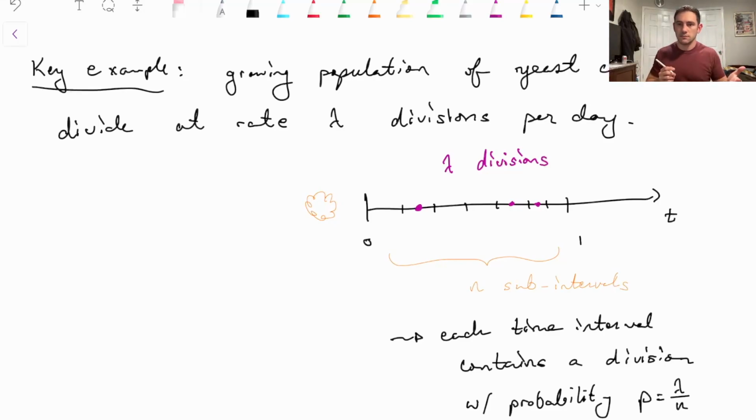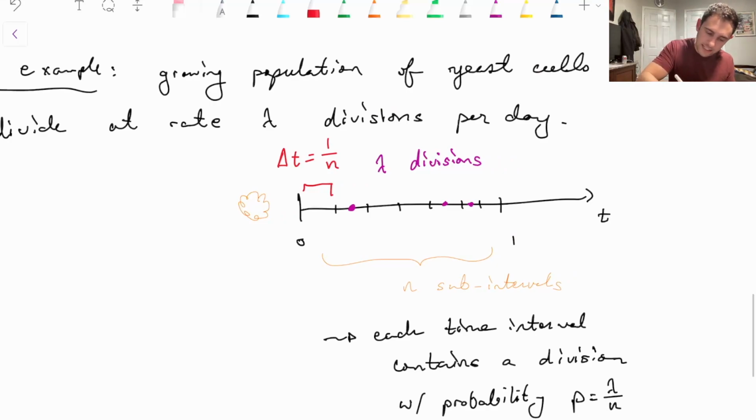Right, lambda, the number of divisions, over n, the number of total subintervals. Or rather, if I see each of these time intervals as being delta t, each of those is of length 1 over n. So similarly, I could think of this p as being lambda times delta t.